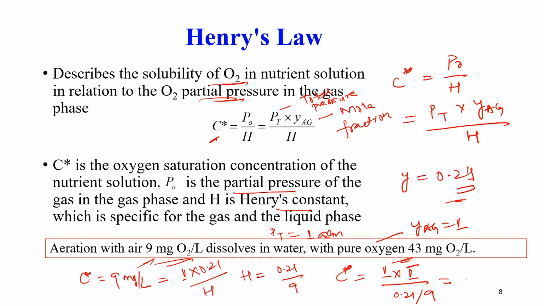So, this will come out to be 43 milligram per liter. So, if one can supply pure oxygen, the solubility of oxygen can be enhanced, but again the challenge is the availability of pure oxygen, or installing a separate plant to separate pure oxygen from the air.